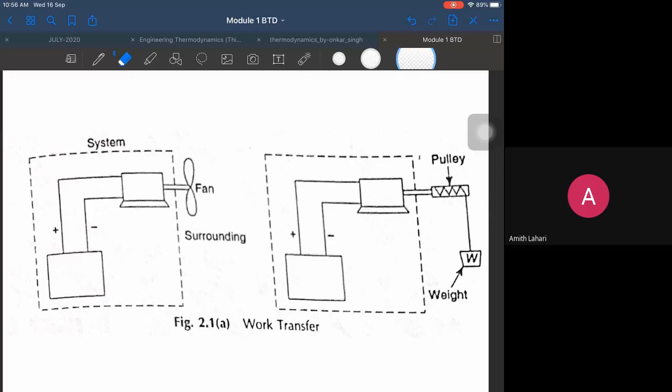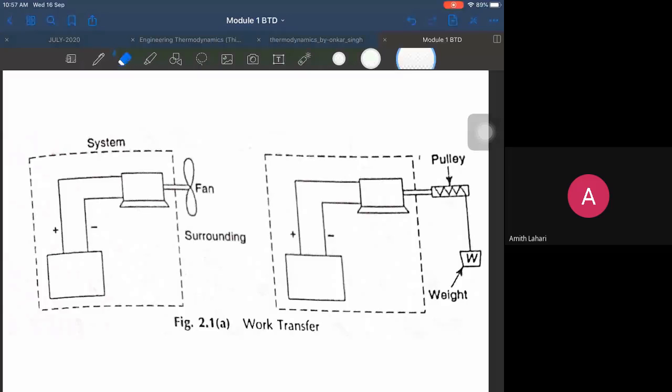Amit. Present, sir. Next, Amrit. Present, sir. Next is Amit and Ashwin.